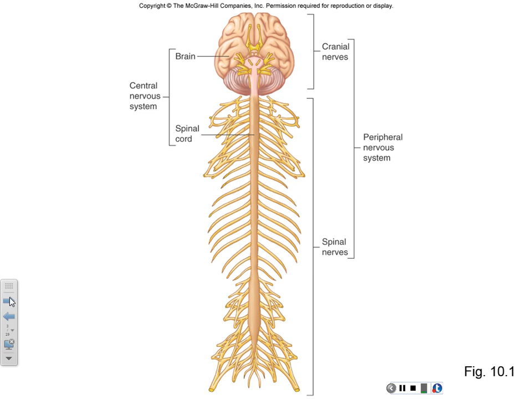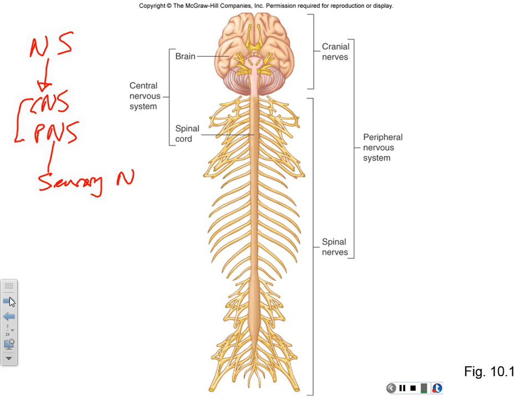All right? So we will talk today pretty much about how this whole thing is divided up. So we got the nervous system here, and then it's divided into the central nervous system, and also the peripheral nervous system. And then the peripheral nervous system is divided into the sensory nervous system and also the motor.